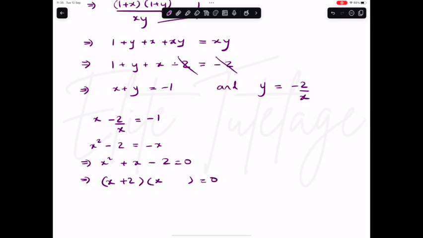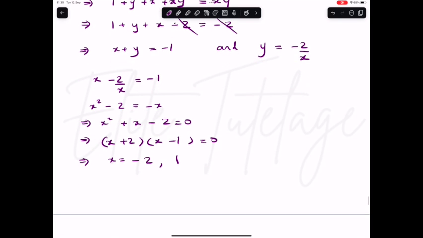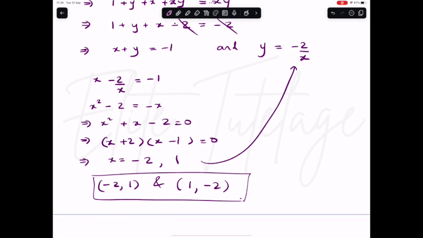So x is minus 2 or 1. Now put those into the equation of the curve to give you y values. So those are my two sets of intersection, (−2, 1) and (1, −2). So there you have the first part done.